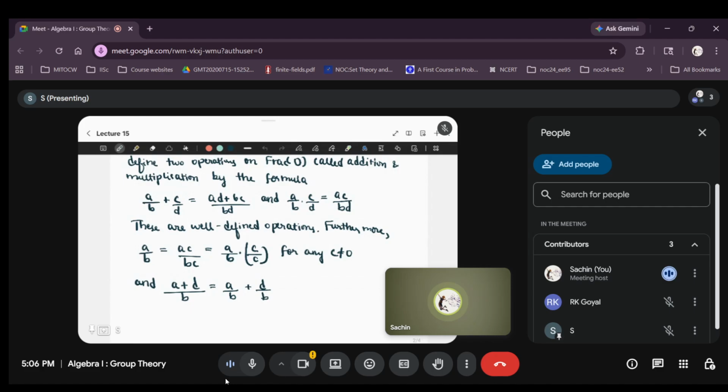So when you add the equivalence class containing 1 with the equivalence class containing 2, your result should simply be the equivalence class that contains 3, which is simply the equivalence class containing 0. And the sum should not depend on how you represent the equivalence class. So whether you add 1 bar plus 2 bar or you add 4 bar plus 5 bar, the end result should still be the same.